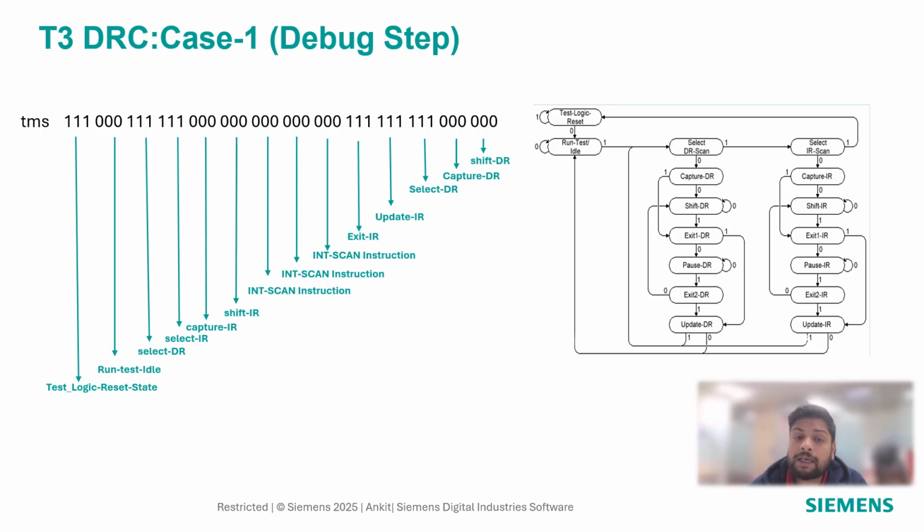Now, if we look at the last value of TMS in the test setup procedure, it is 0. This indicates that the controller has reached the shift DR state. From this analysis, we confirm that the controller is in the correct state. So the T3 violation is not due to an incorrect tap state at the end of test setup.